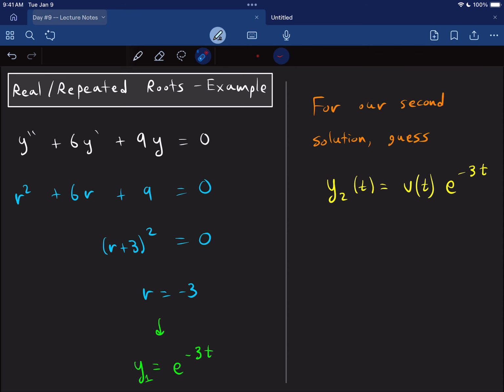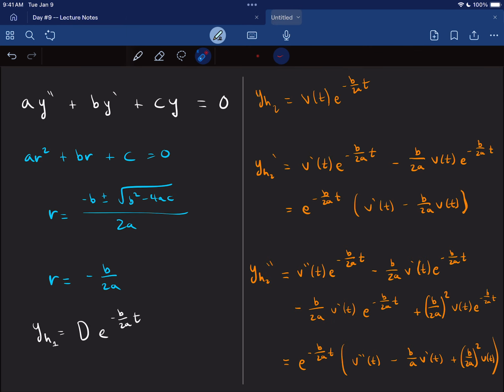Okay. So I'm going to go over here, have all this written out already. So let's say we have this differential equation, right? We do the same stuff where we convert it to here, and I can solve this for r, and I get the quadratic formula. But remember, we are dealing with the case here where b squared minus 4ac is equal to 0.